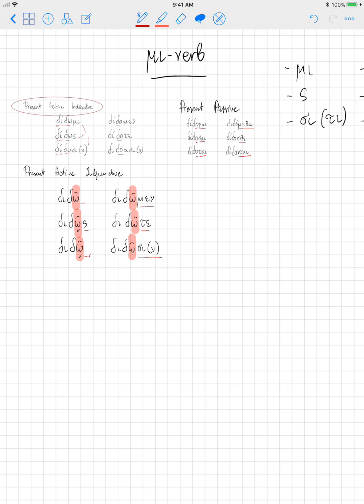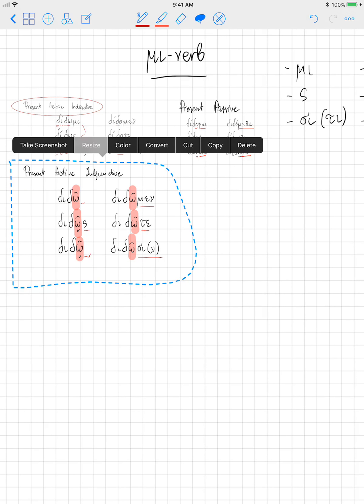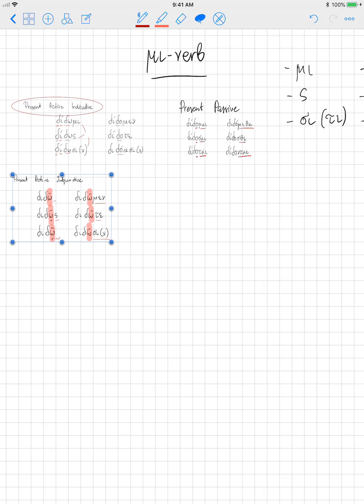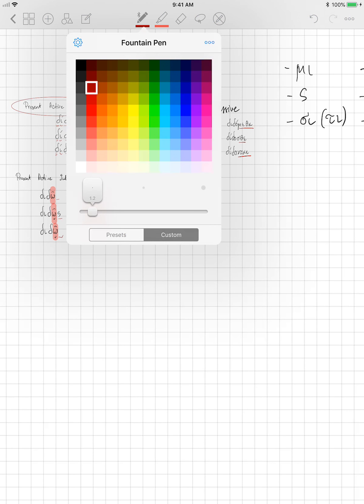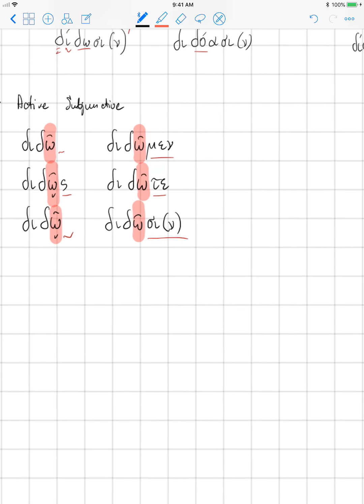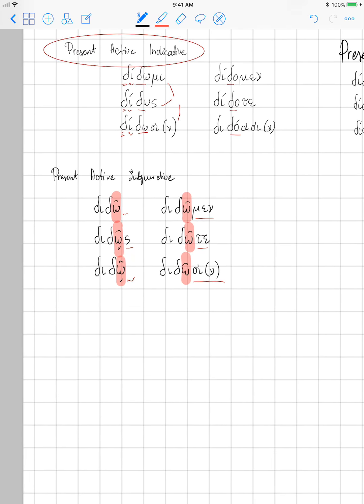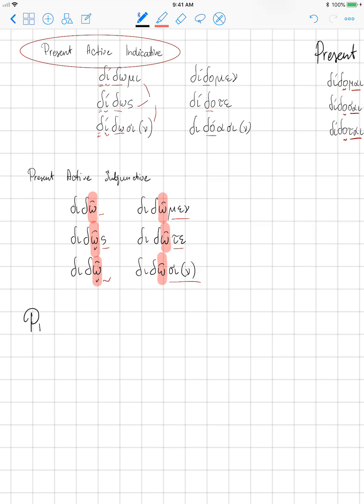And what's left in present? Imperative, right? Let us look at imperative. It's taking us so long already. In imperative, we have only two persons, second and third, in singular and plural.